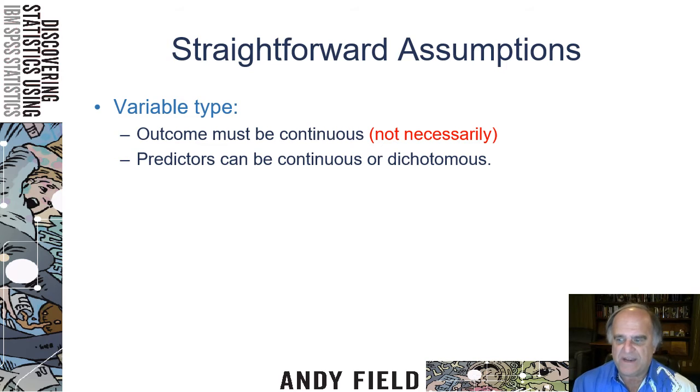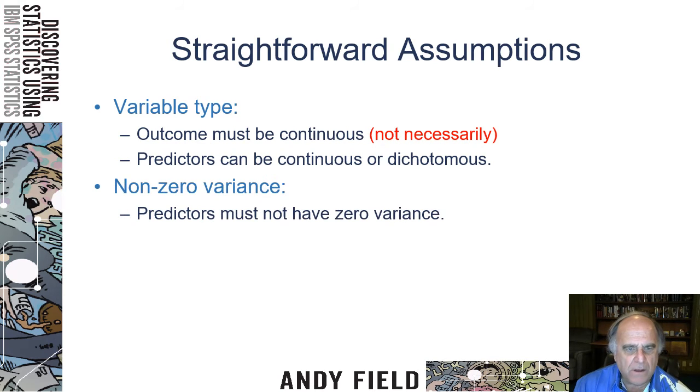But usually we're going to be dealing with dichotomous, because if they are multi-categorical, we're going to recode them. Non-zero variance: the predictors must not have zero variance. That's sort of a no-brainer. If your predictors have zero variance, there's nowhere to go. I mean, you might as well say the outcome variable needs variance as well.